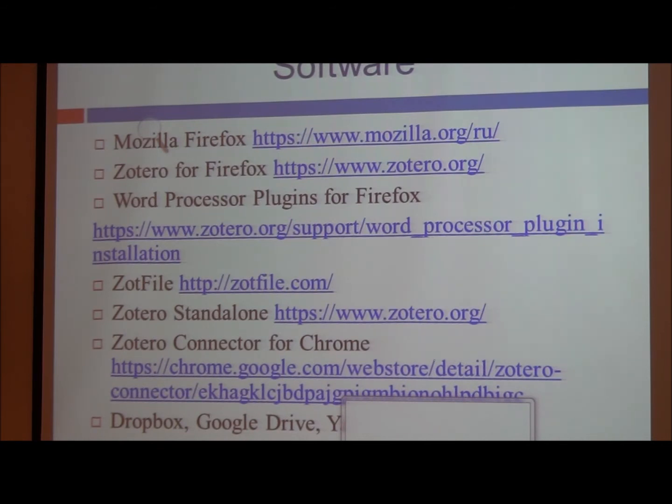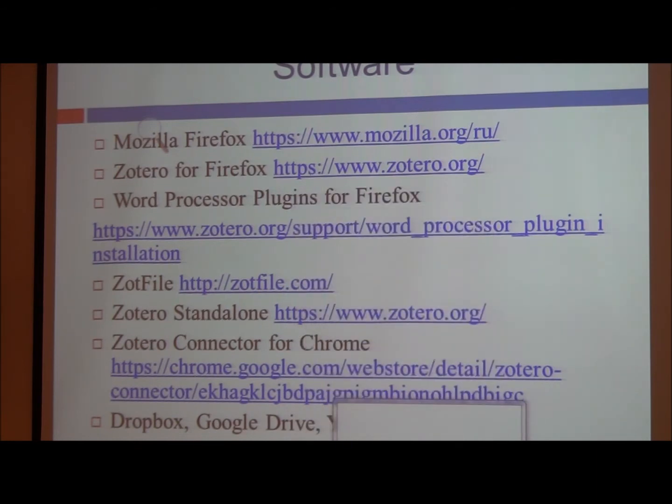Before starting to work with Zotero, that is obvious, but you need to install the software. There are several possibilities how to work with Zotero. The first one is the Zotero extension for Mozilla Firefox.